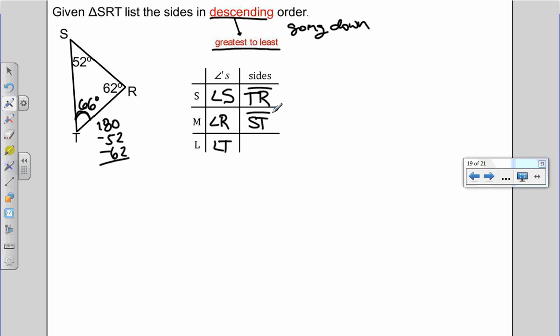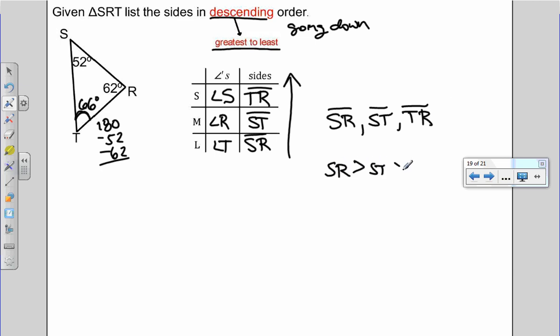And when I cover up my largest T, the only thing I see is SR. We're going to list from greatest to least, so from largest to smallest: SR, ST, TR. Or SR is bigger than ST is bigger than TR.